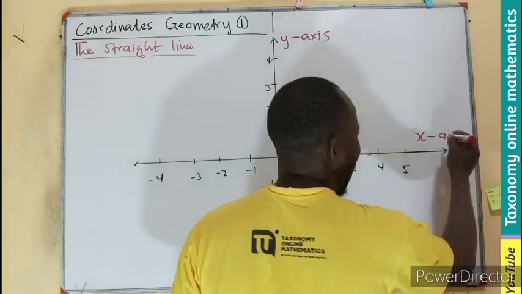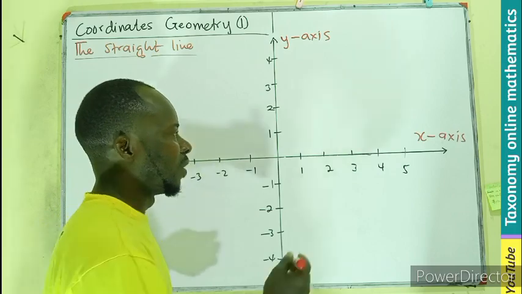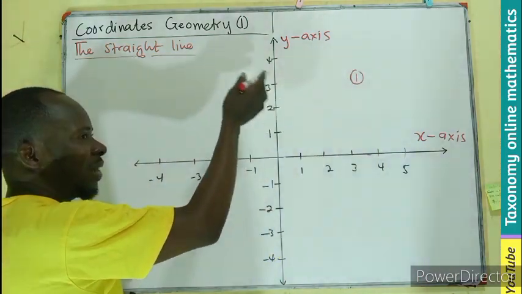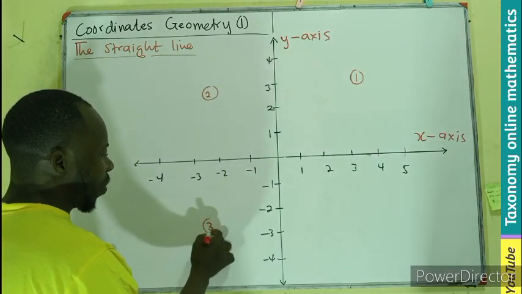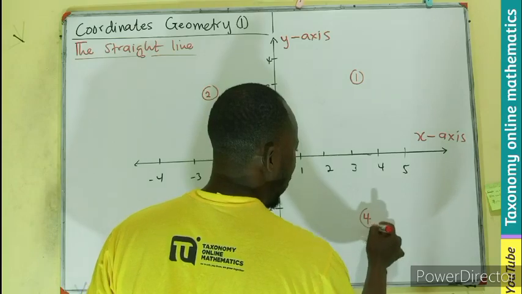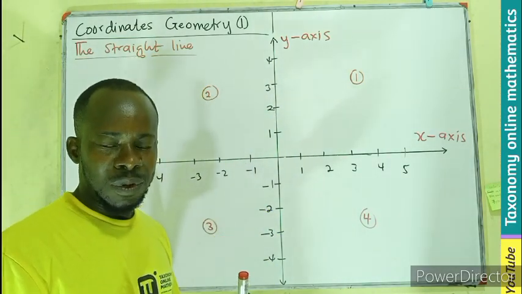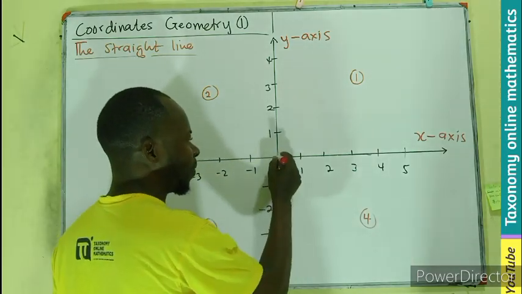Now, these axes divide the plane into what they call four quadrants. We have the first quadrant, and we are moving in the anti-clockwise direction: the second quadrant, the third quadrant, and the fourth quadrant. Now, the point of intersection of these two axes is what we call the origin.